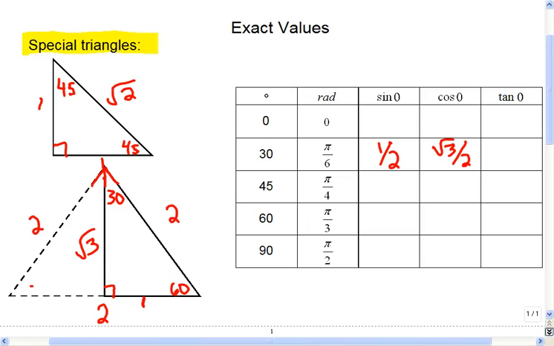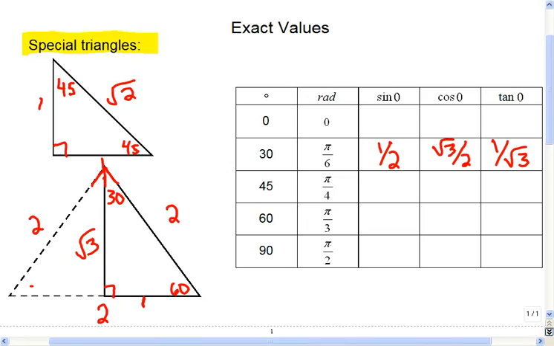And finally, the tangent is the opposite over the adjacent, so it would be 1 over root 3. So the triangles help me reproduce the exact values that you need to know for your course.